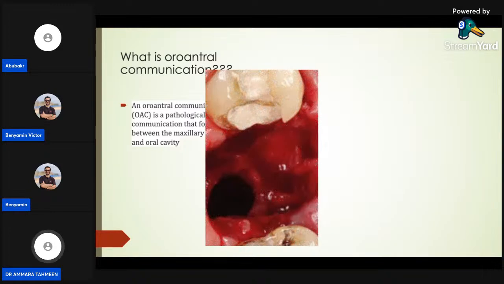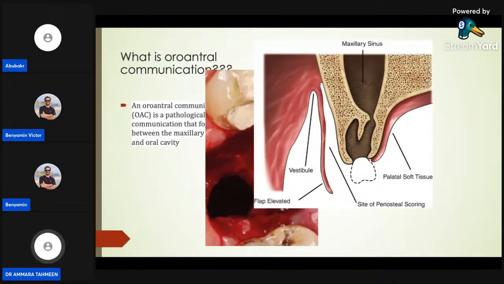So this is how the oro-antral communication is visualized from the intraoral view. This is an overall illustration of the relation of the maxillary sinus with the alveolar bone. You can see the molar teeth and the roots of the maxillary molars, and there is a close relation of the palatal root.